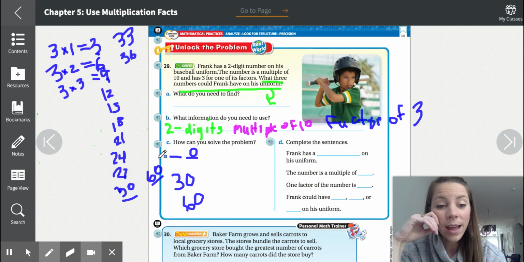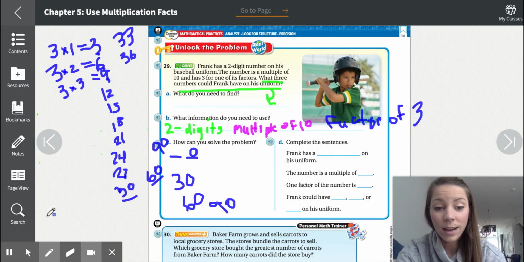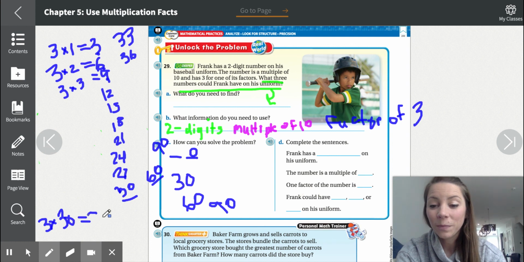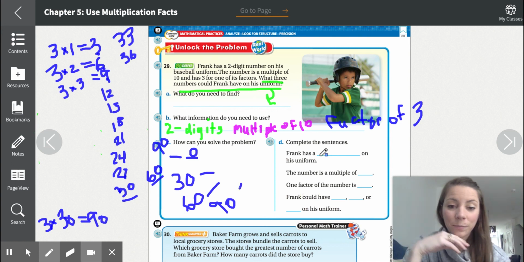So what if I add another 30 and get 90? Is that a 2-digit number that ends with 0? Yes. And can you multiply 3 times something and get 90? 3 times 30 equals 90. So here are my 3 numbers: 30, 60, 90.